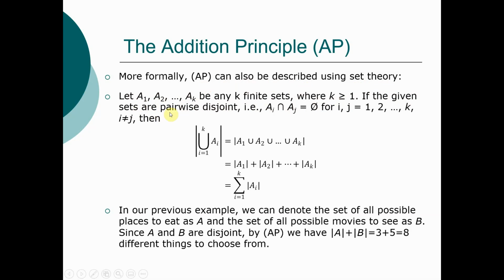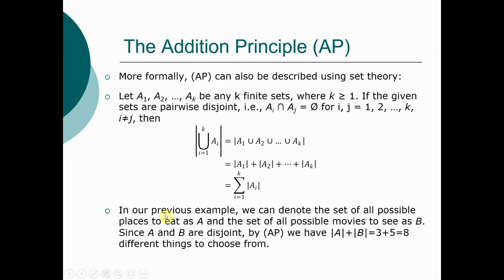If the given sets are pairwise disjoint, meaning their intersection is empty, which also means they cannot happen at the same time, so for any pair the sets are disjoint, then the number of elements in the union of A1, A2, all the way to Ak is the summation of the number of elements in A1 plus A2 plus Ai's all the way to Ak.